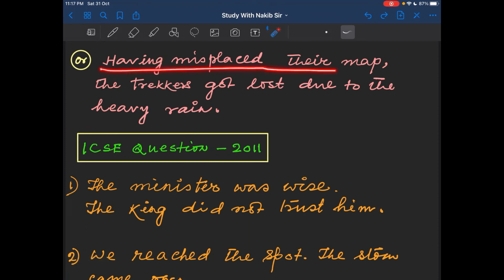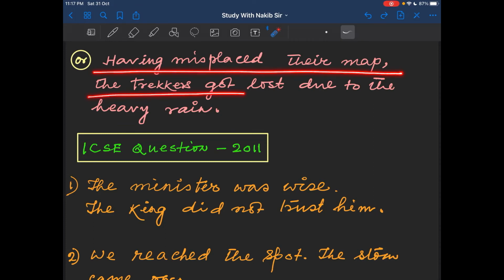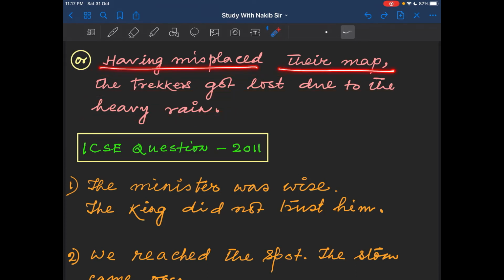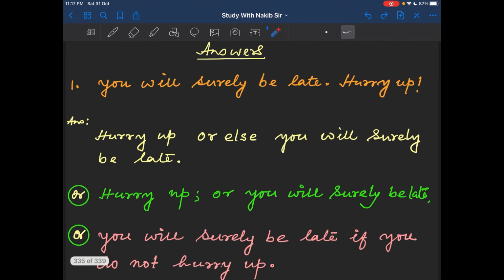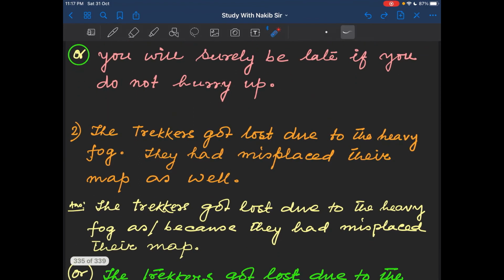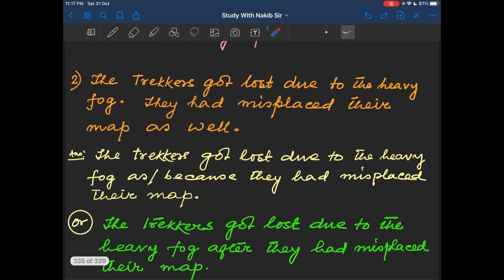Having misplaced their map, by using the participle, it is a perfect participle. Having misplaced their map, the trekkers got lost due to the heavy rain. So you can join these two sentences in three ways.